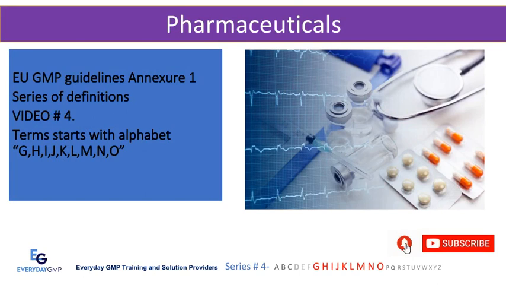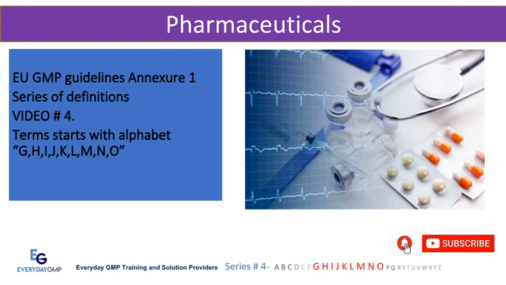In the world of pharmaceuticals, precision and adherence to regulations are paramount. Understanding the key definitions and terminology laid out in the European Union Good Manufacturing Practice Guidelines, Annex 1, is not just important, it's essential. Join us on a journey through the intricacies of pharmaceutical manufacturing as we dive deep into the terminology that shapes this industry.